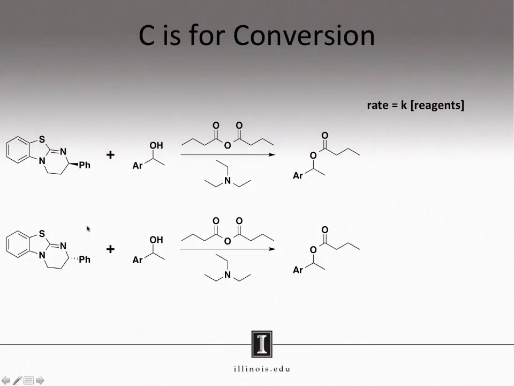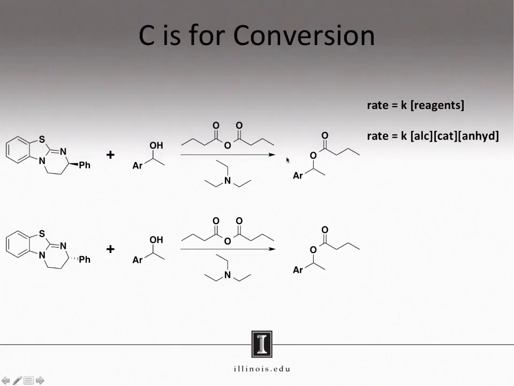and talk about kinetics. Recall that kinetics deals with the rate, the speed of a reaction, and that the rate of a reaction depends on K, which is a constant which varies from reaction to reaction, and the concentration of the reagents. For this particular reaction, the rate law is K, our constant, times the concentration of the alcohol, times the concentration of the catalyst, times the concentration of the anhydride.